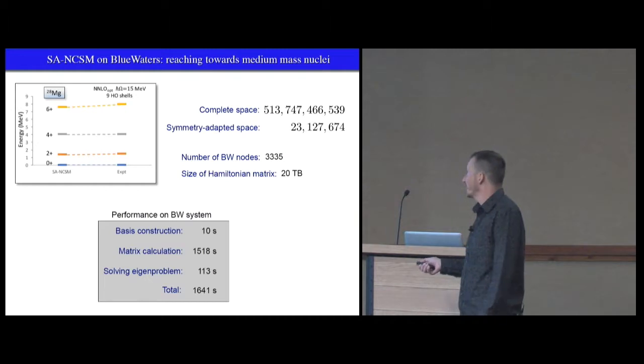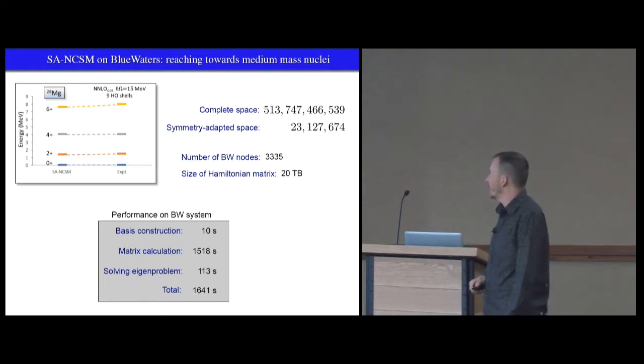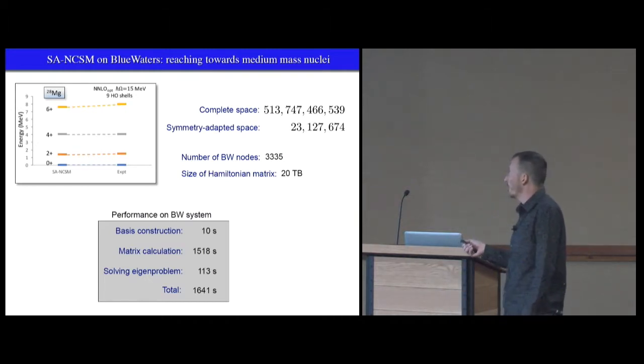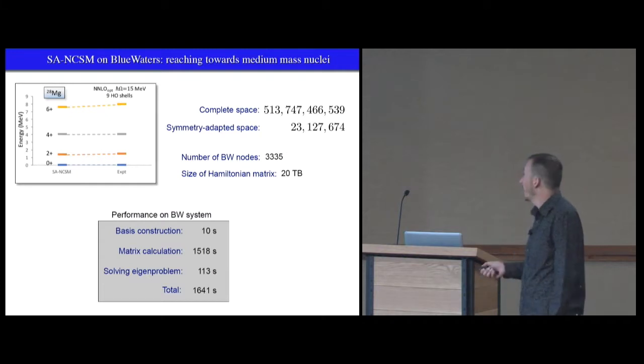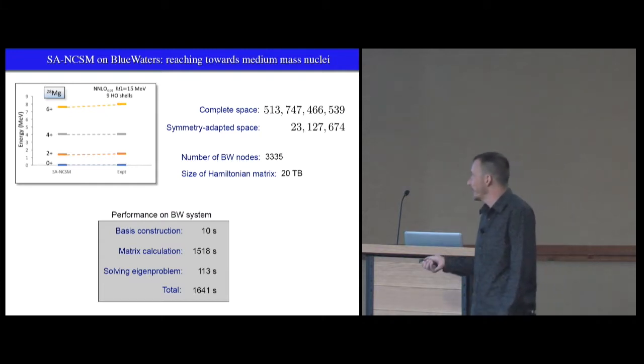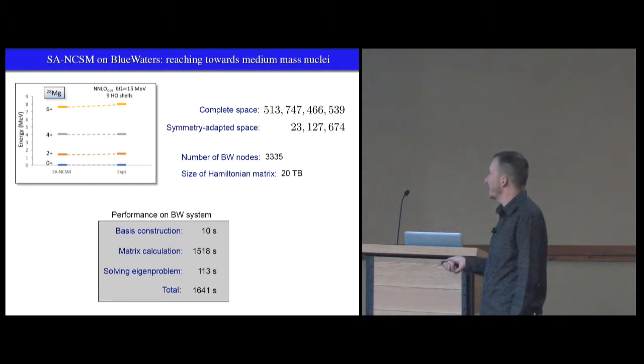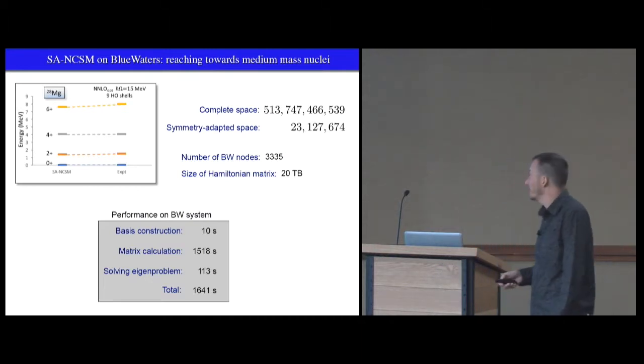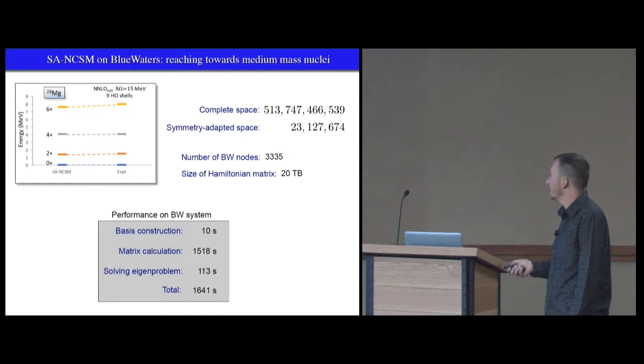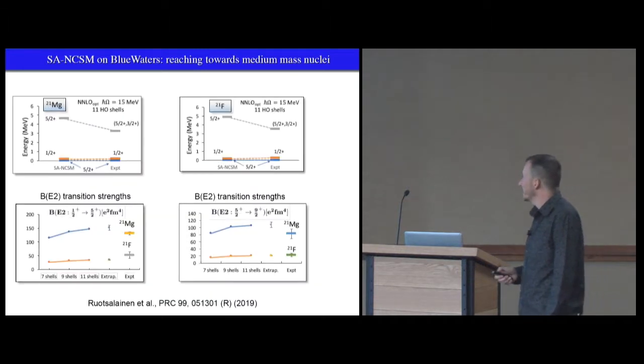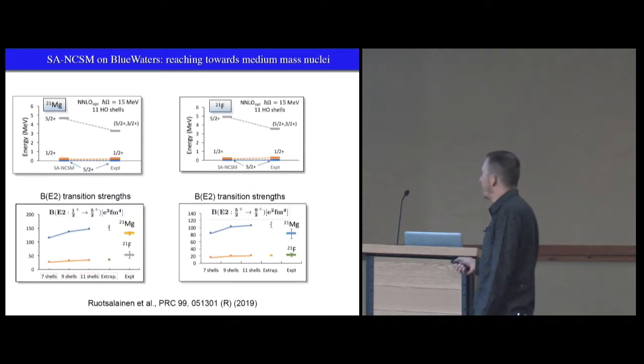And here is the performance on the Blue Waters system. The basis construction, even though we have to iterate over 513 billion states and then select only a subset of them, takes only 10 seconds. The matrix construction absolutely dominates the calculations, and the eigenvalue problem in this case represents 7% of the overall computing time. And here is the result for other nuclei, magnesium-29 and fluorine-29.